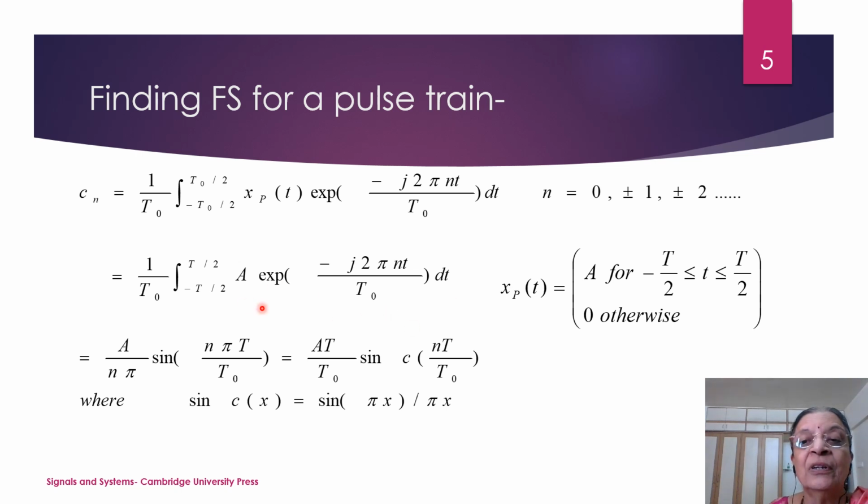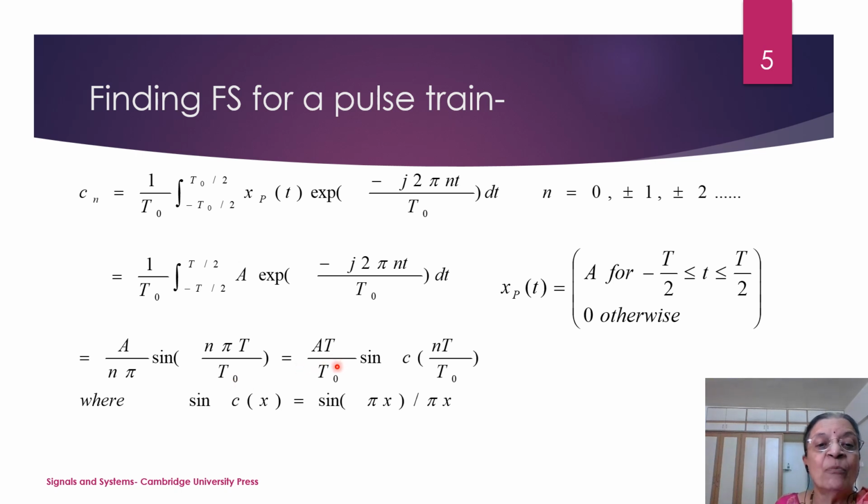So that particular term, e raised to j something minus e raised to minus j something divided by 2j, is what is called the sine function. And this j, when it comes out, will also get cancelled, and with the negative sign it will become just sine n pi T upon T0. This you can solve and check whether you get this particular answer.